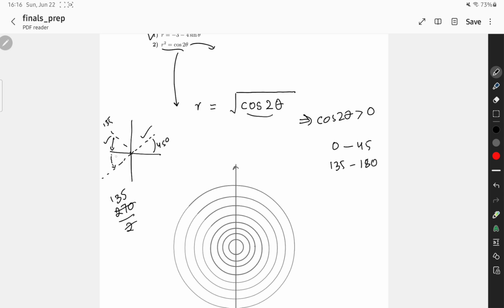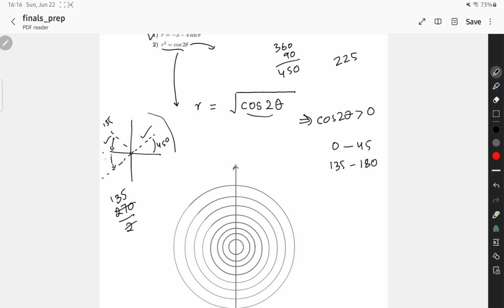So if you have theta from 180 till, what is 360 plus 90? That is 450. So the half of 450 is 225.